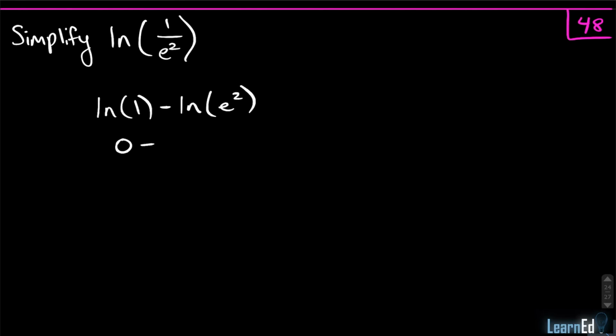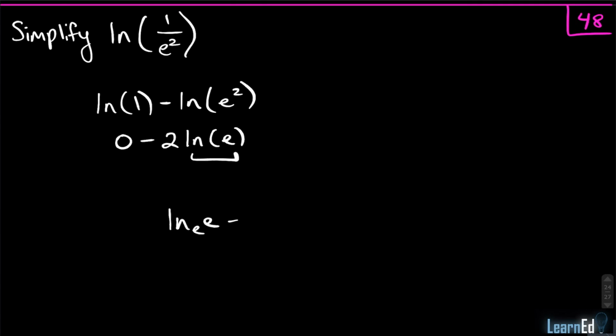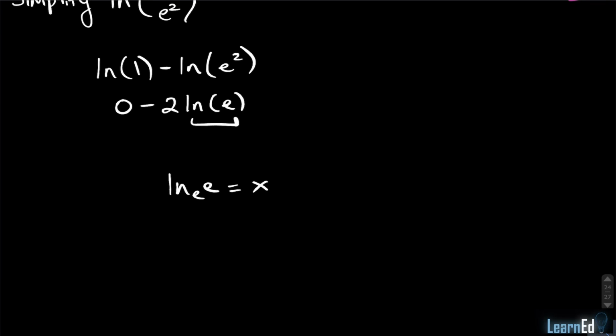But anyways, you can rewrite this here as you can bring the 2 out, and this is 2 natural log of e. Well, the natural log of e is 1, and here I'll show you that a little bit slower. We have natural log, and that's basically the same thing as base e, right? And we have that equal to x.